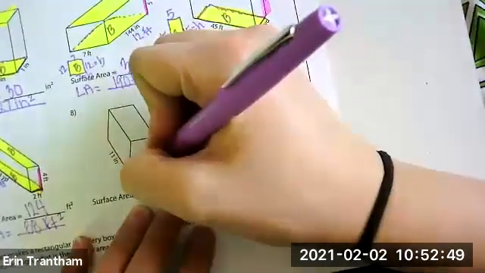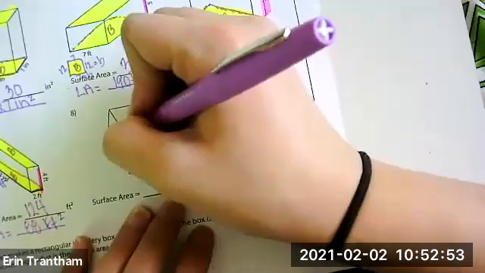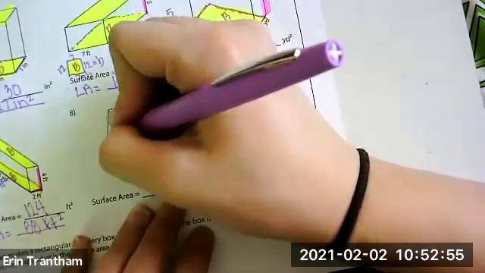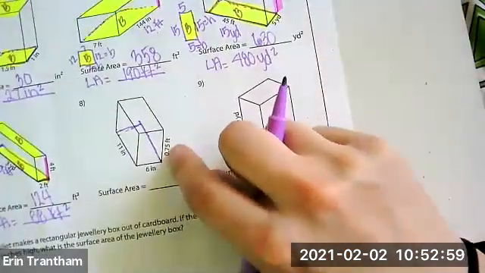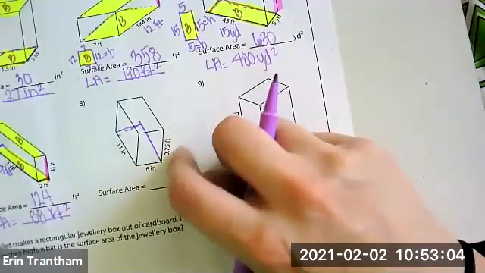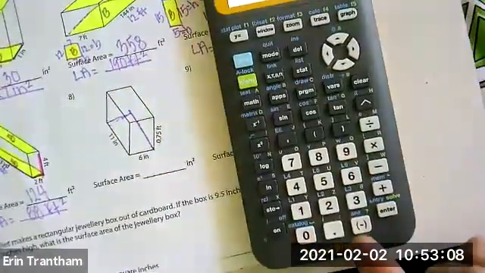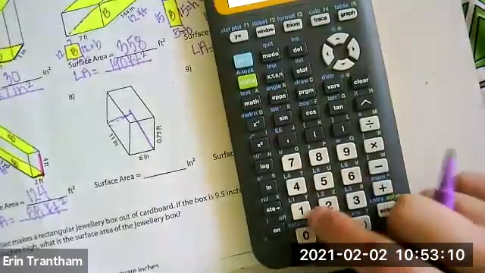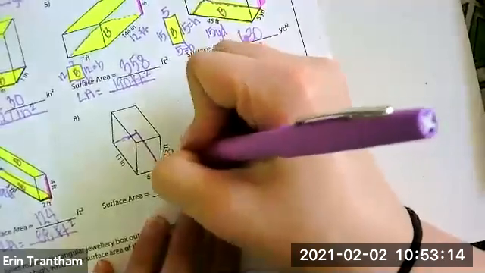So let's draw our bases in. Okay, so we have inches, inches, feet. So we need to change our feet to inches. 12 inches equal 1 foot, so we need to multiply this by 12. 0.75 times 12 is 9. So this is 9 inches.